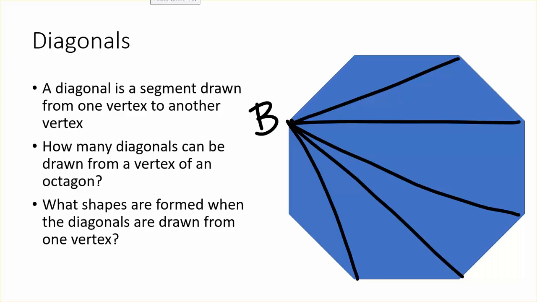Okay, so I've drawn in all my diagonals. I want you to notice the shapes that are formed. When I drew in the diagonals, I divided that octagon into different triangles. This will be an important lesson in our next assignment.